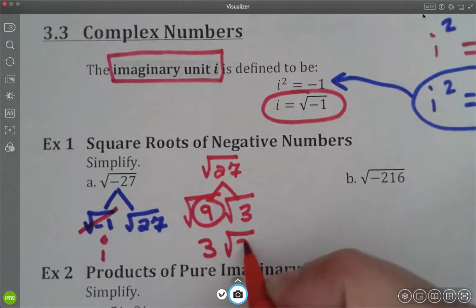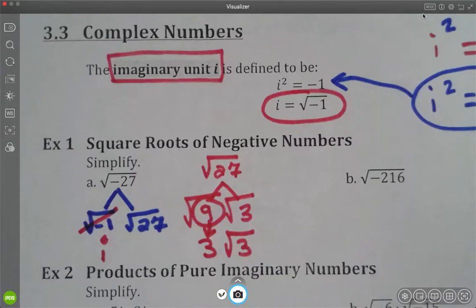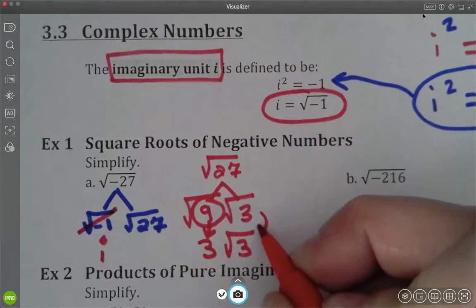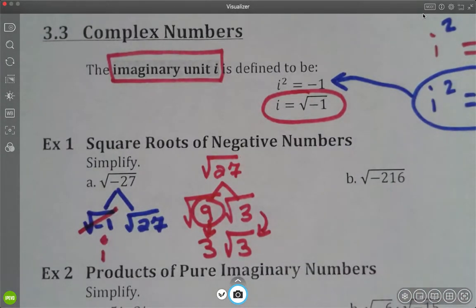So this 9 comes down as 3, and this square root of 3 comes down as the square root of 3. Does that make sense? So we broke the 27 down into 9 and 3, and the square root of 9 is 3, and the square root of 3 doesn't come out, right? So it just leaves it as the square root of 3. You see that? You're kidding me. Okay, so we'll do this one, and then we'll do another one, okay?